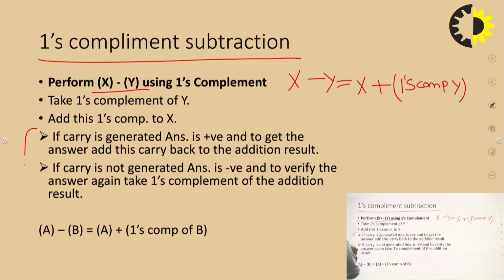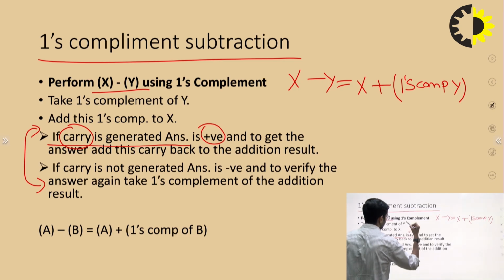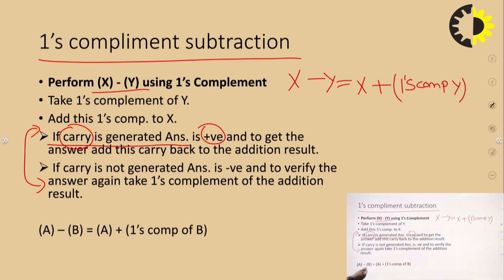There are certain rules that we have to follow for the subtraction using the ones complement. In subtraction using ones complement, if carry is generated, answer is positive, and to get the final answer we have to add this carry back to the result.